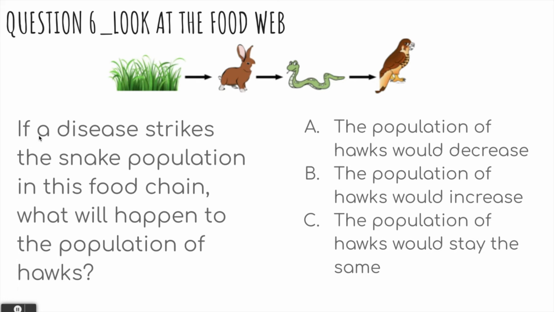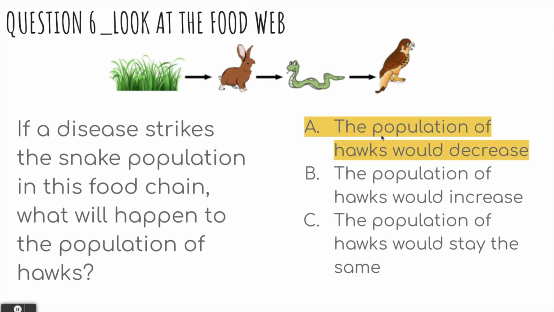Now, this question says, if a disease were to strike the snake population, meaning that all the snakes will disappear in this food chain, what will happen to the population of hawks? Would it be A, the population of hawks would decrease? Would it be the population of hawks would increase? Or the population of hawks would stay the same? Share your thinking on Edpuzzle now.